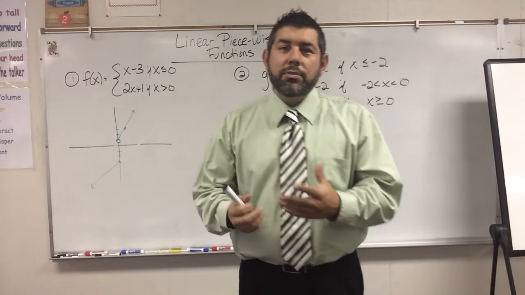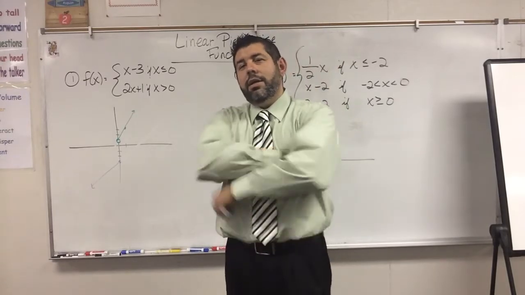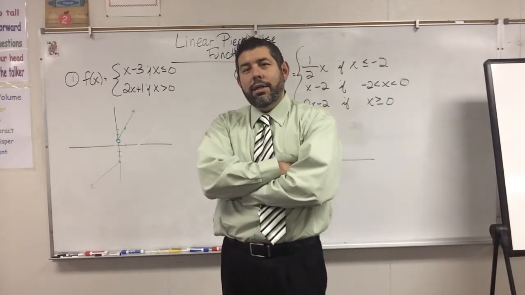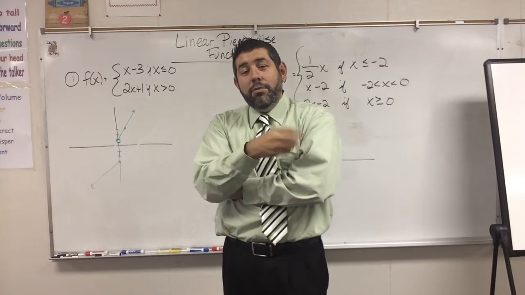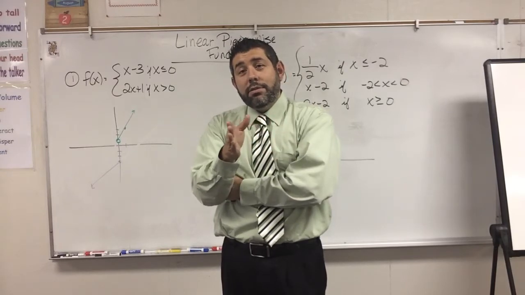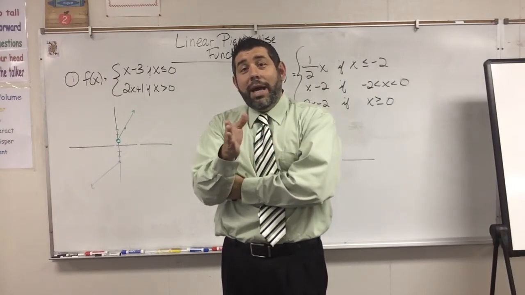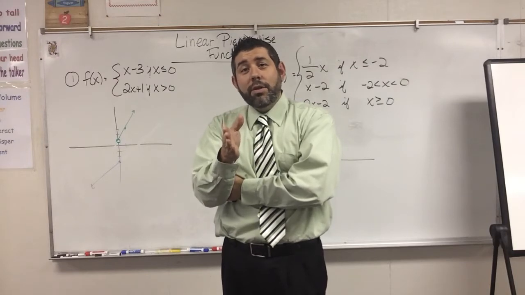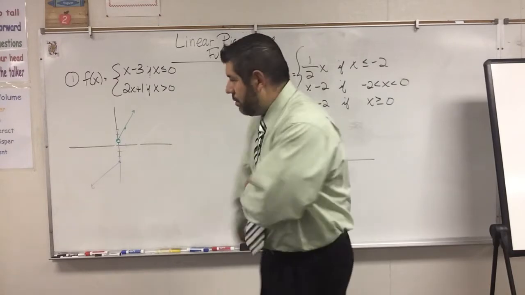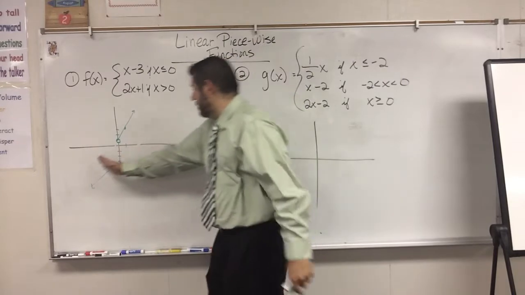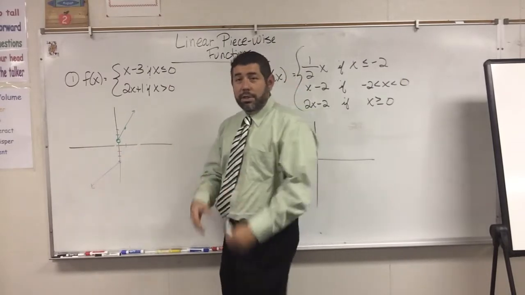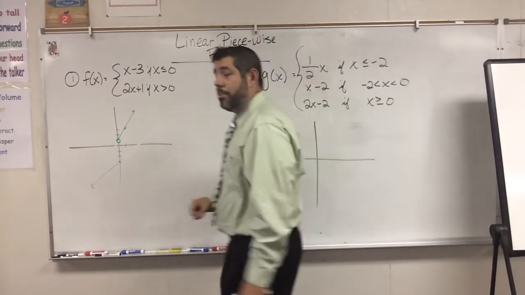If you draw your piecewise function and you say, I think I got it, but it doesn't pass the vertical line test, then you did something wrong. Go back and do it over again. Make sure this passes the vertical line test, right? It is a function.